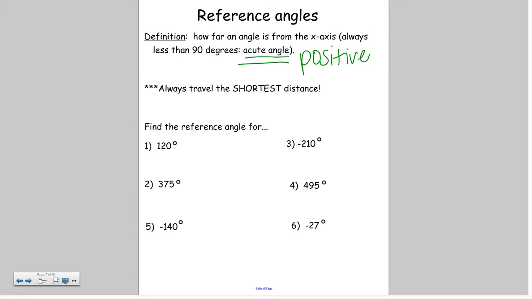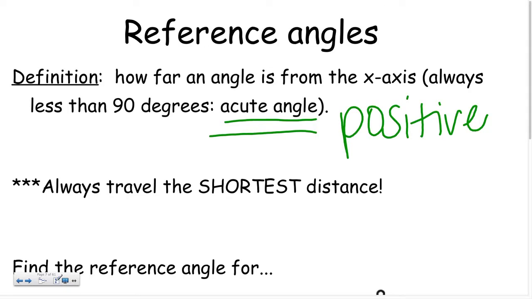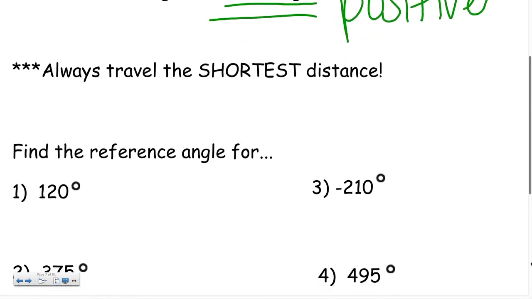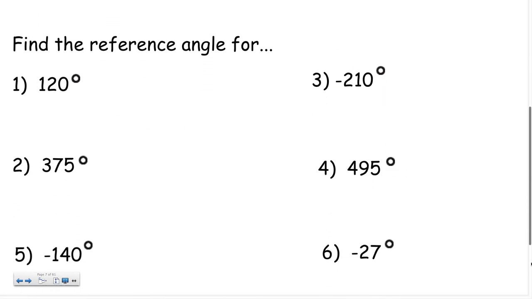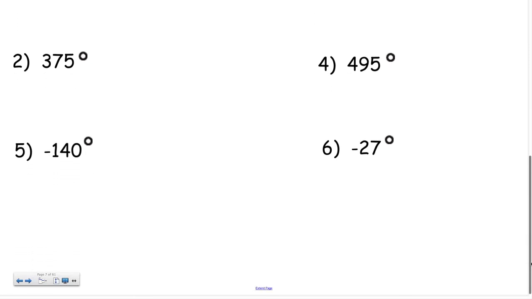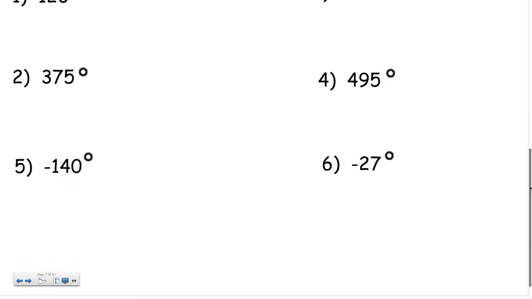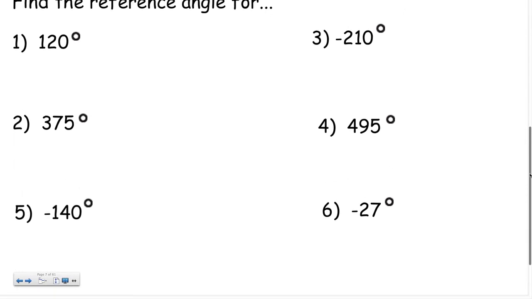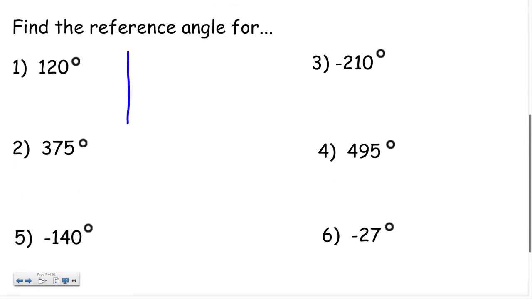Alright, so number 1 is 120 degrees. Just sketching 120 degrees. I just sketch it to get a visual. 120 degrees, there's 180. So 120 degrees is going to be about here.